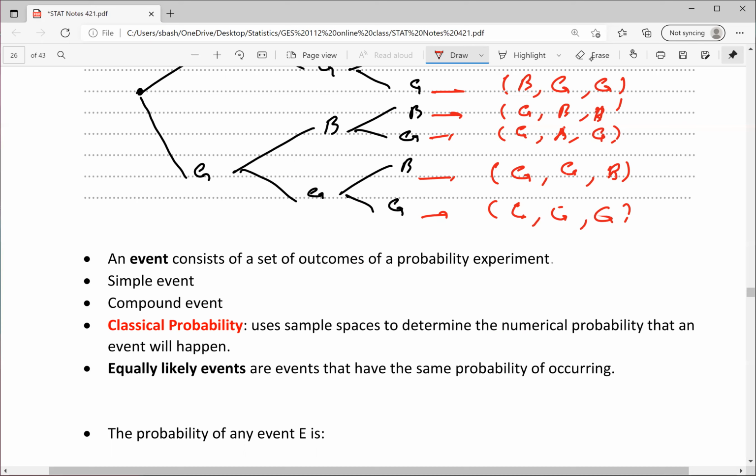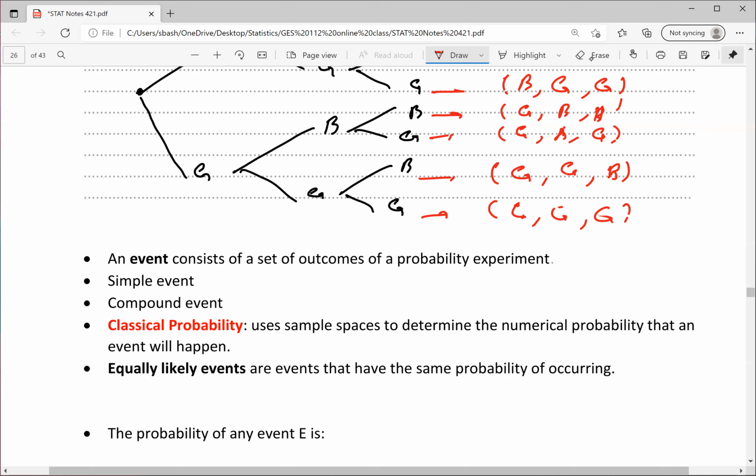And we have two types of probability. The first one we call classical probability, which uses sample spaces to determine the numerical probability that an event will happen. Classical probability uses sample spaces to determine the numerical probability, because we have another type called empirical probability.